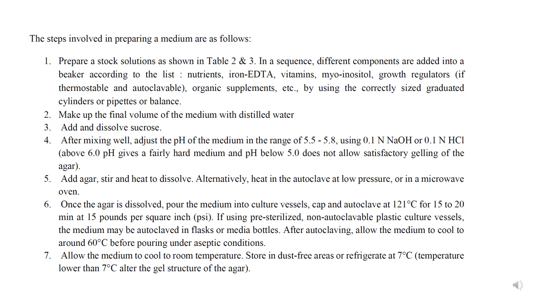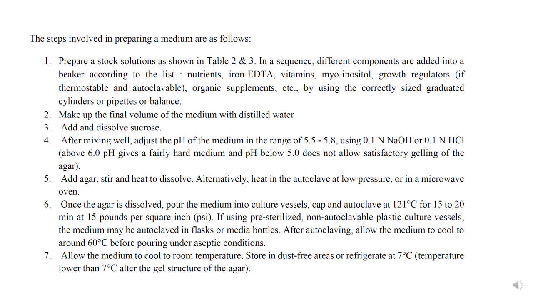At the end we add 0.8% agar, heat it, and then we autoclave it. So there are two ways. First, we can just melt the agar and pour it in the test tubes, and later autoclave the test tubes in the autoclave.